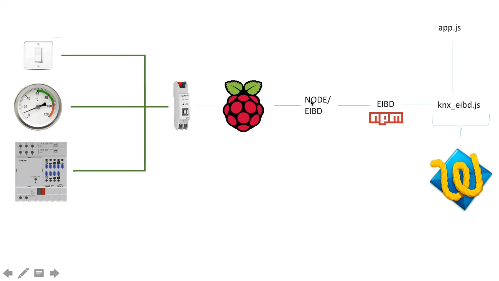On the Raspberry Pi we've got EIBD installed from Michel's tech blog in the previous video, and also Node installed here. In this video we're going to install EIBD from Node Package Manager, which is this interfacing layer, and then we're also going to install a couple of files which I've written and work with those in JavaScript, in Text Wrangler.